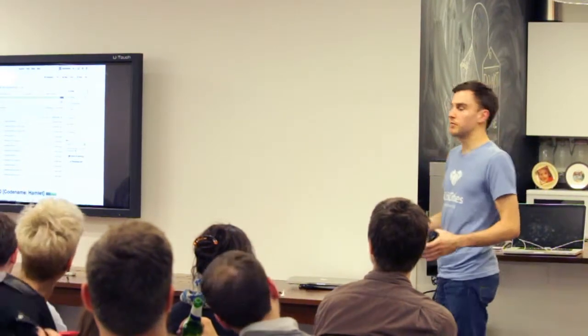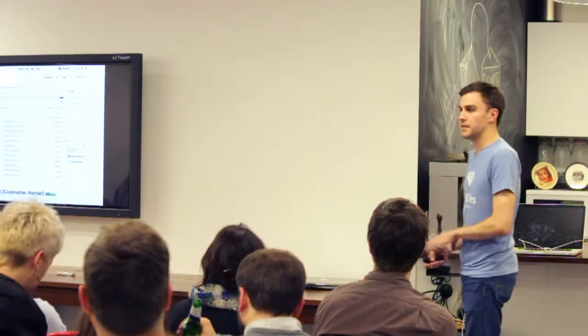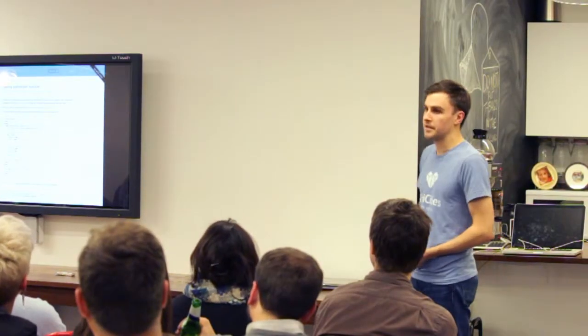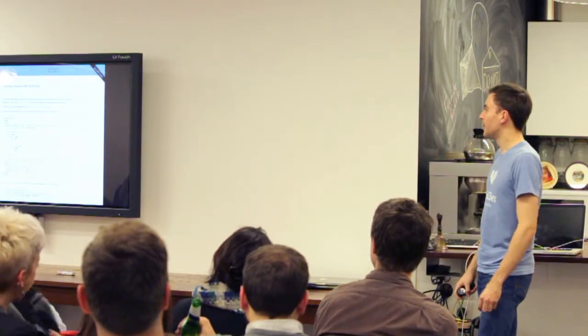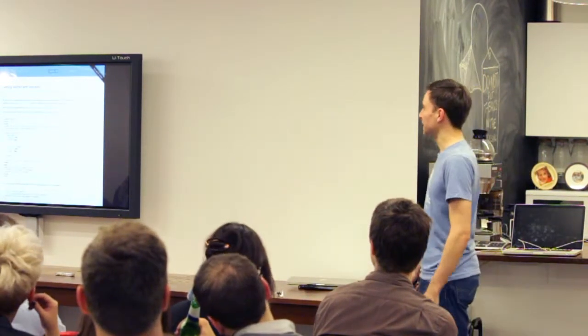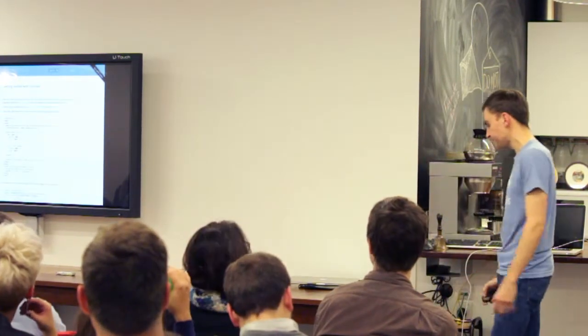So there's a huge number of improvements that you can find on the GitHub page. You can just Google Vizicities or go to the website, which I'll tell you at the end. It's also got a whole bunch of documentation now that'll help you get started, which you didn't have just a week ago. I've been preparing that this week in the evenings, getting that all ready. So it's not quite finished, but I'll be here anyway if you need any help.